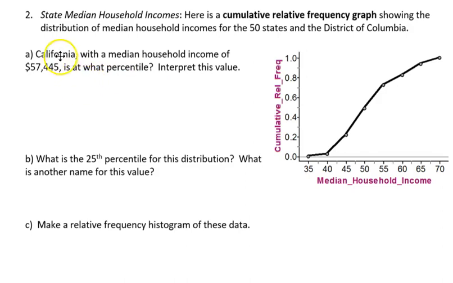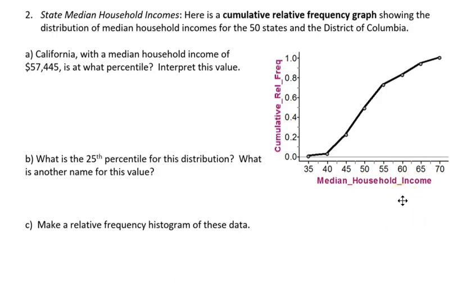So we want to look at California. California has a median household income of $57,445. And what percentile is this at? So we're going to look up 57.5. That's about right here, 57.5.